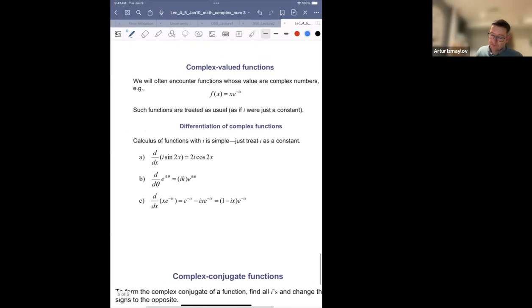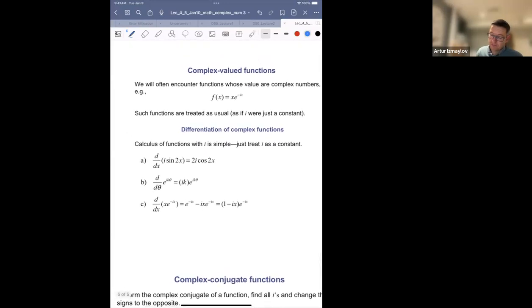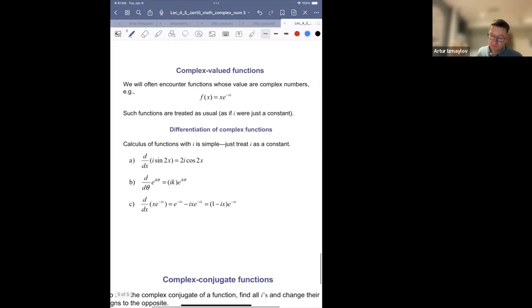Okay, so complex functions. We will be dealing with some of these complex functions, but usually they will be somewhat simplified, in the sense that the functions will be of real variables, something like this, where x is real. The function just has a complex component, but the variable at least is real, because in our wave function, we have x and t.